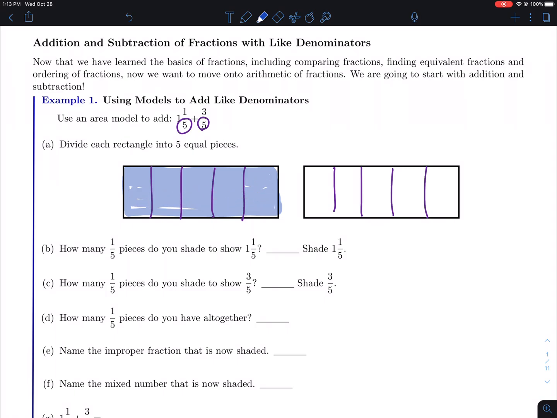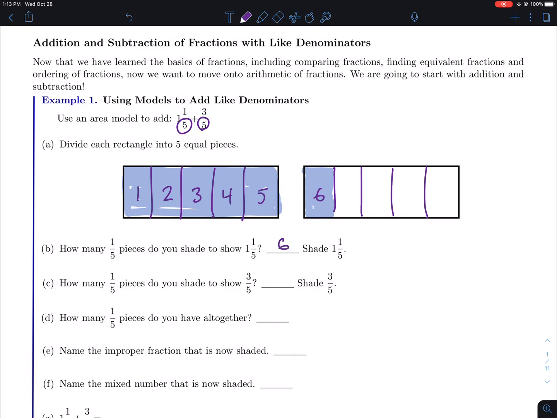That's the whole number 1 part, and then we need 1/5, which is just going to be one of these little blocks in this case. And then how many did we actually shade in this case? 1, 2, 3, 4, 5, 6. So we shaded 6 blocks.